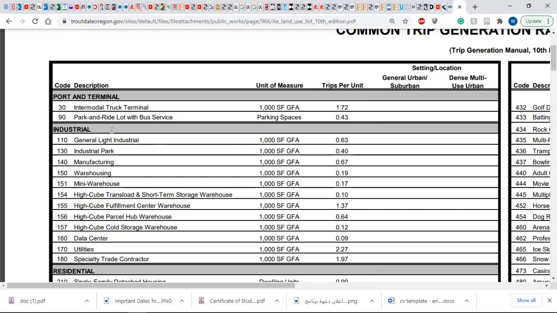For industrial zones, general light industrial, for each 1,000 square foot, that's gross floor area, GFA, it's 0.63 trips for an industrial park. That's the rate.